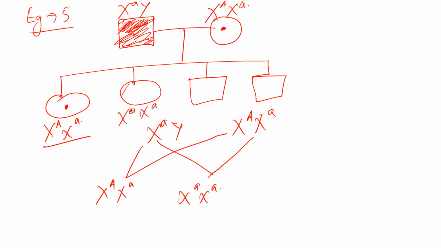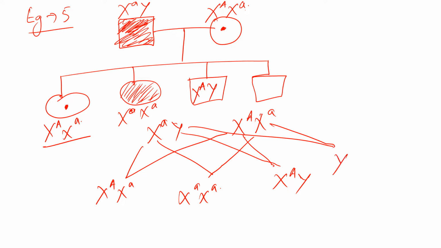So this one, the daughter, will become affected. Y and X dominant and Y, this one will become healthy or unaffected. X recessive allele and Y, this one will become affected.